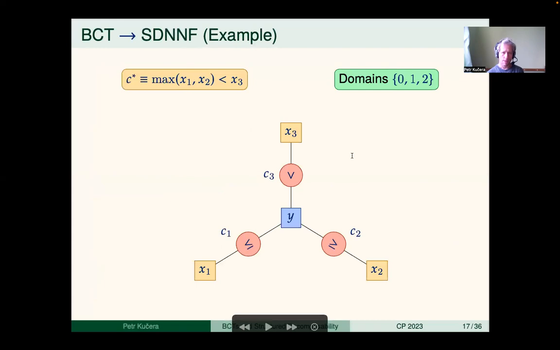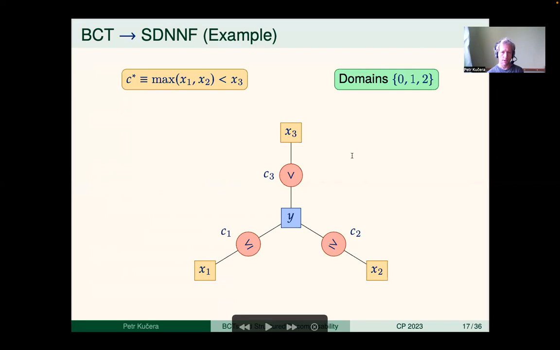So let's see this on an example. We will consider the following BCT that has four variables. X1, X2, and X3 are the original variables. Y is a hidden variable, and the constraint represented by this binary constraint tree says that the maximum of X1 and X2 is strictly smaller than X3.